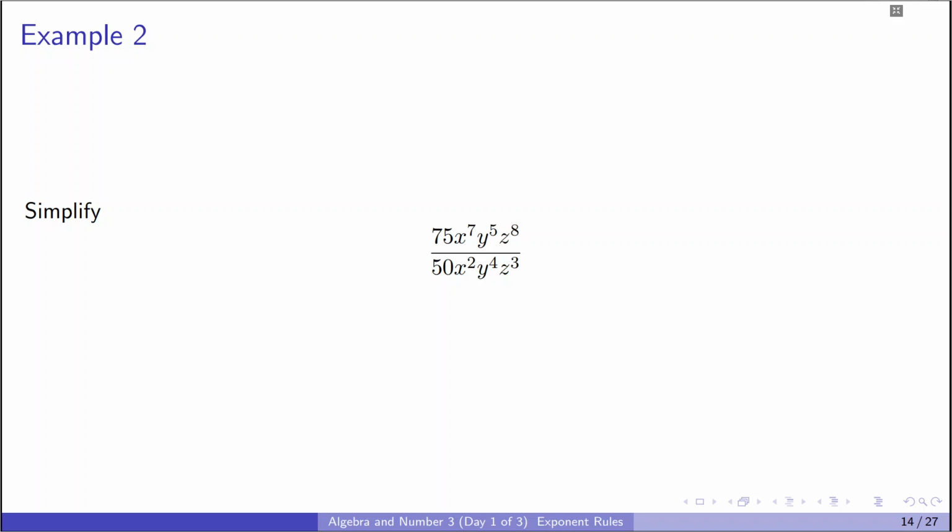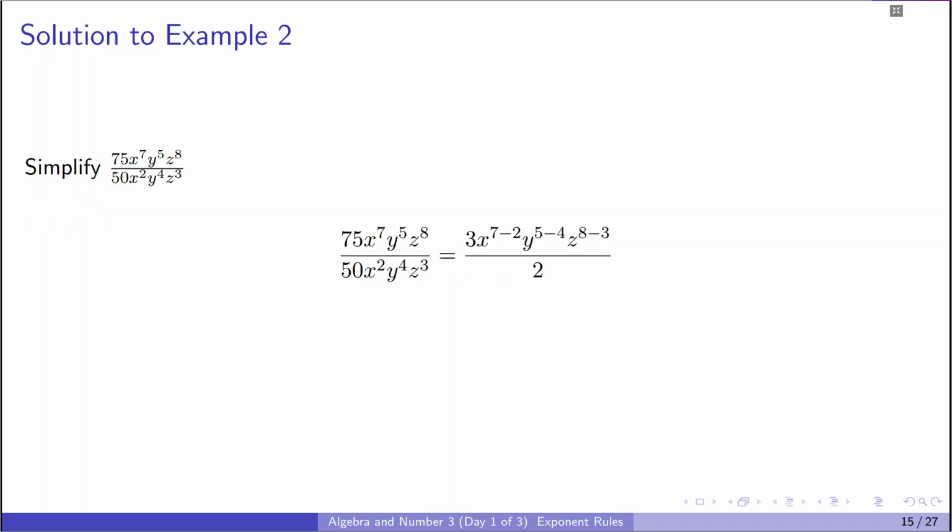Let's simplify this one. So we're going to take it step by step. We can only simplify if the bases are common. So we could do 75 over 50 and simplify it. Then just the x terms, just the y terms, and just the z terms. So writing this out, 75 over 50 has a common factor of 25.